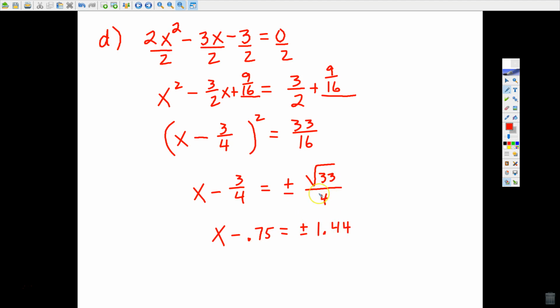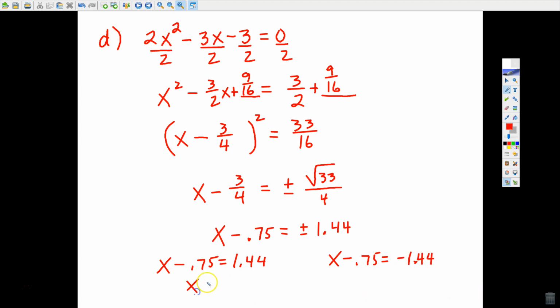Okay, so hopefully you saw how we just did the square root of 33 and then divide that decimal by 4. And so our two answers again come from solving two equations. One for the positive 1.44 and one for the negative.